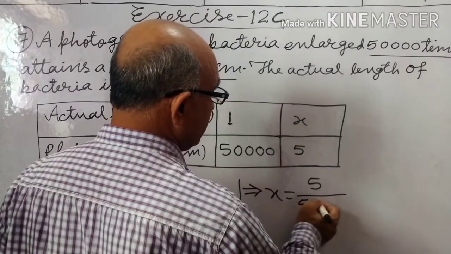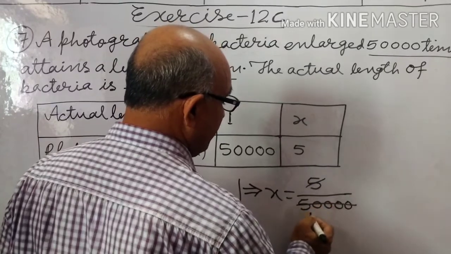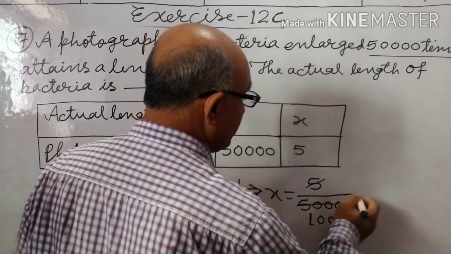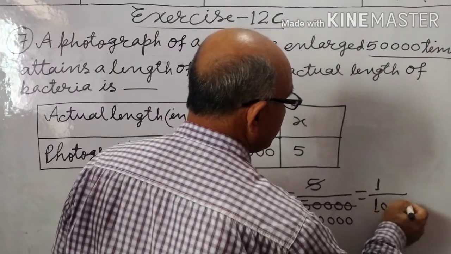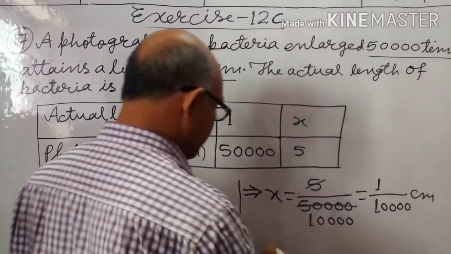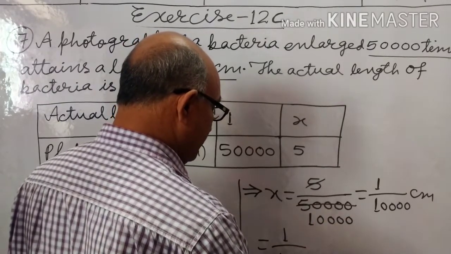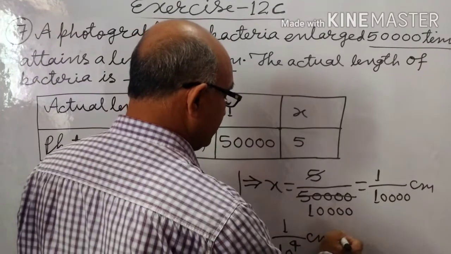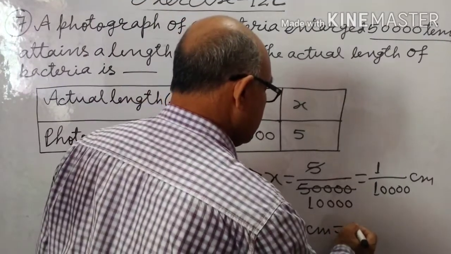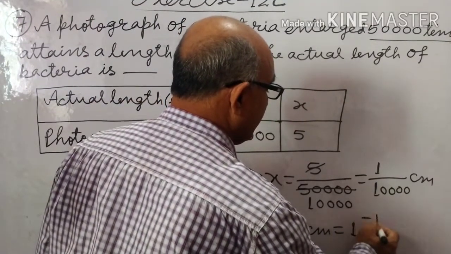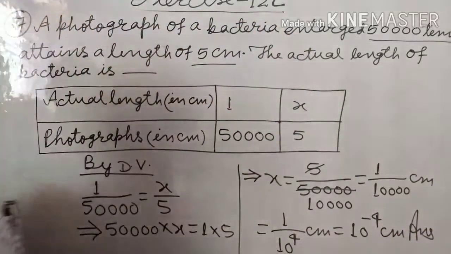So divided by 50,000, 5 1 ja 5, so 10,000. x equal to 1 by 10,000 cm, equal to 10,000 means 10 to the power 4 cm, equal to, by law of exponents, 10 to the power minus 4 cm. Answer. Understand and write it.